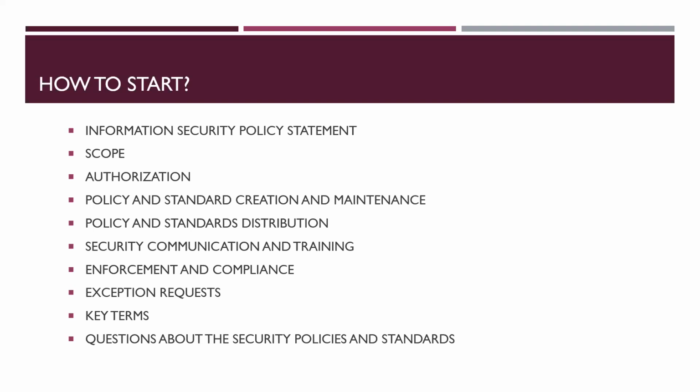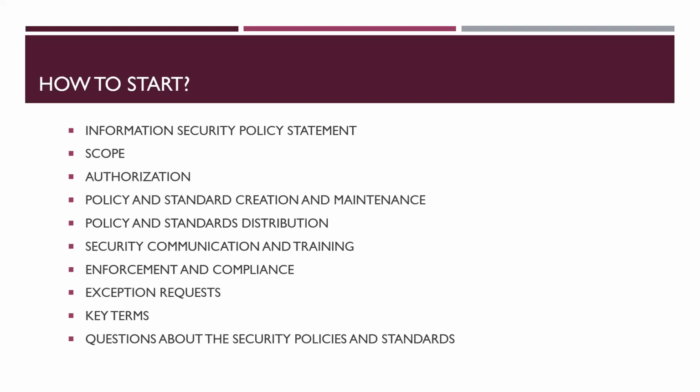Now we know the policy has been created and distributed, but sometimes even if we distribute it, people are not reading it, or people don't understand the policy. So the next responsibility is to clearly state in this ISP how we are communicating it and how we are training on it.